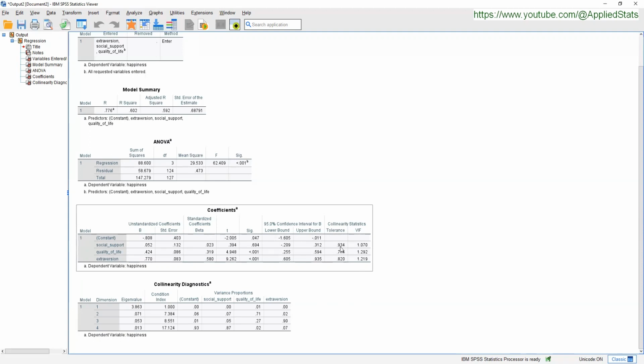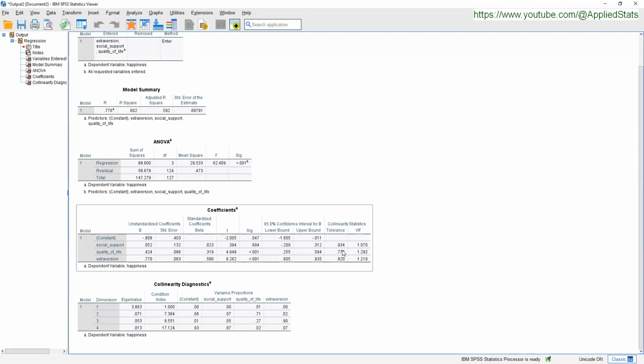If the tolerance value is smaller than 0.2, you can conclude that there is a problem of collinearity for that predictor. Here, fortunately, we are lucky, and our tolerance values are not smaller than 0.2.